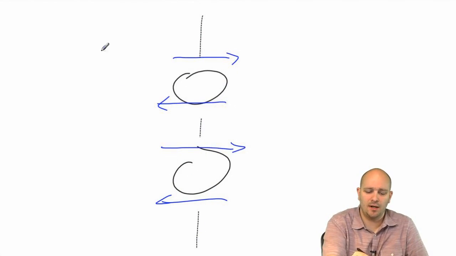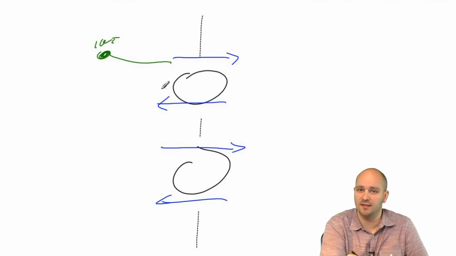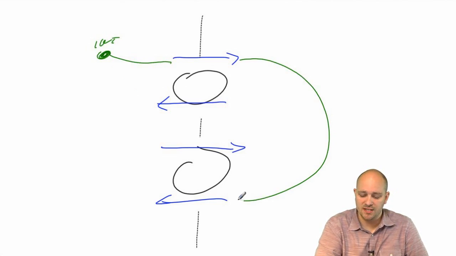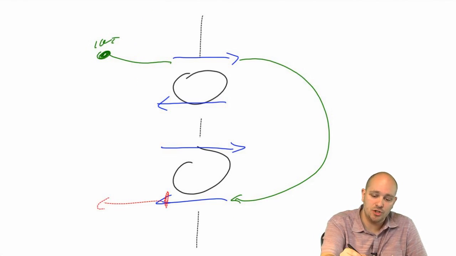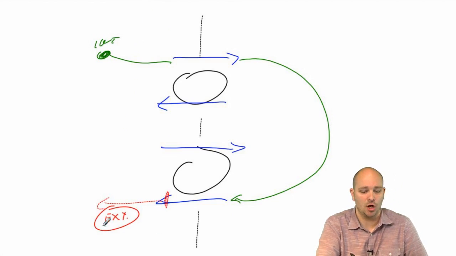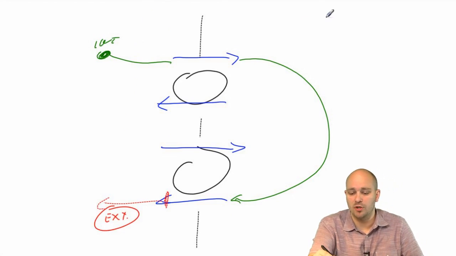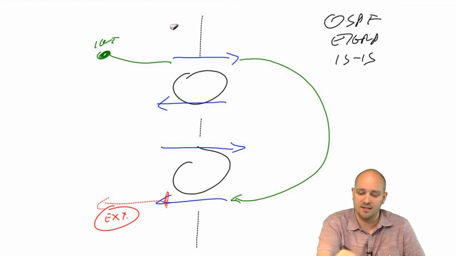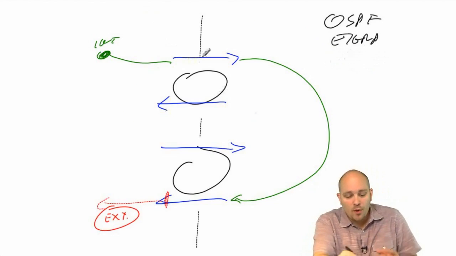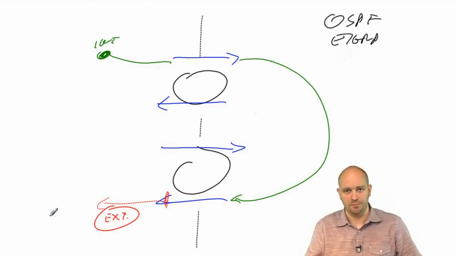Why is that? Well, if we have an internal route in this protocol here, whatever this protocol might be, when it goes this way and this route arrives here, this route will now be injected as an external route in this protocol here. So regardless of which protocol we used, whether this was OSPF or EIGRP or IS-IS for that matter, but again, let's not concern ourselves with IS-IS at this moment, we are not going to create the loop.